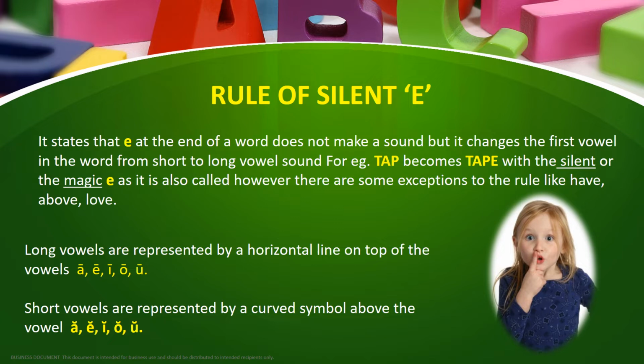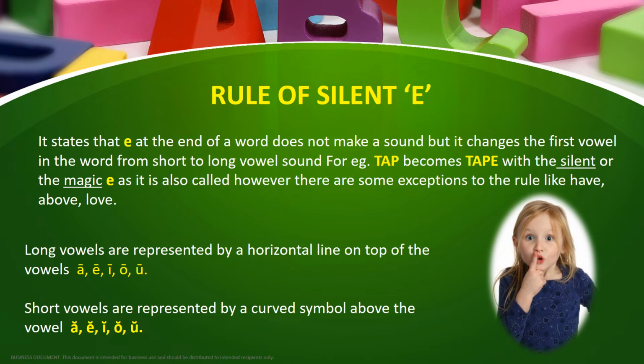There is a silent E there, but still O is not giving the sound like its name O. Still it's not like love. It is still love. It is still a short vowel word. So have, above, love and some other words are exceptions to the rule of silent E, but usually, the rule of silent E works in the majority of words.